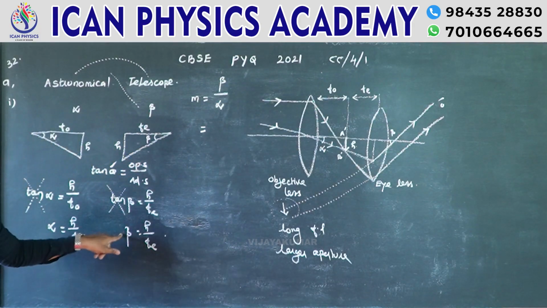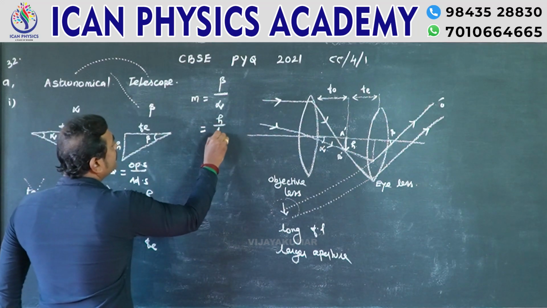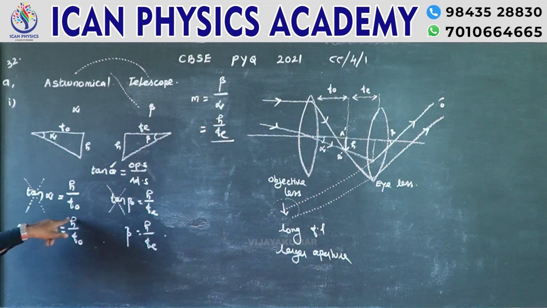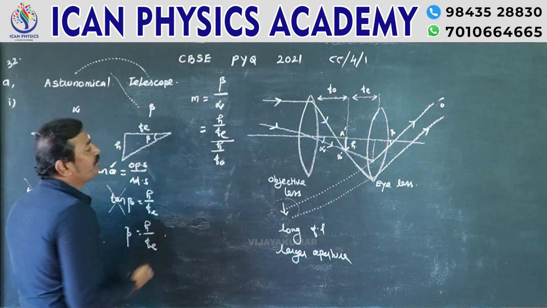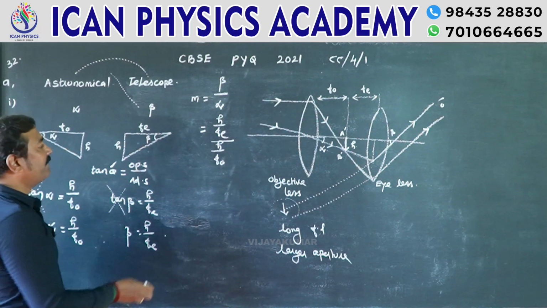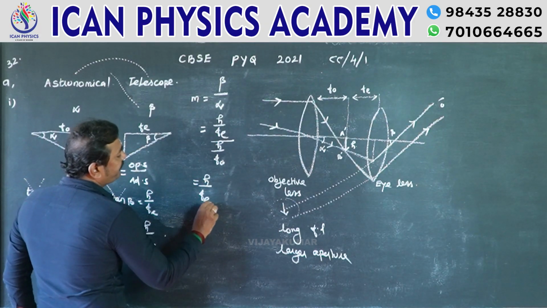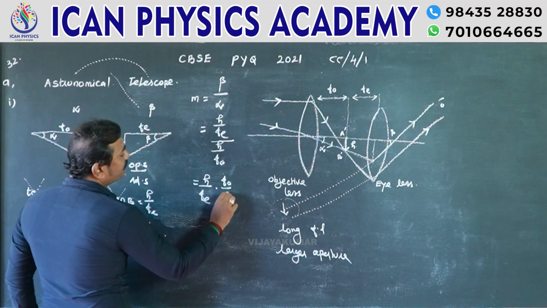Now what is the value of beta? h by fe, divided by alpha, h by f0. Now take the reciprocal: h by fe into f0 by h.